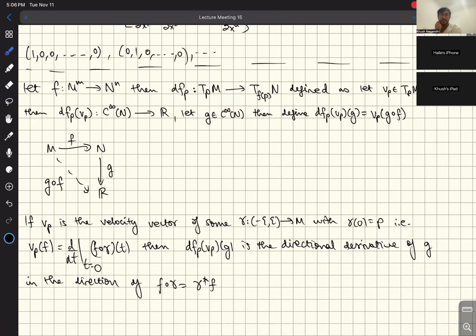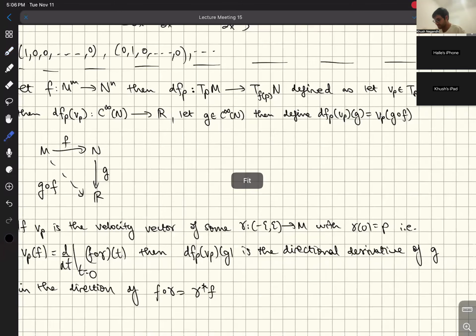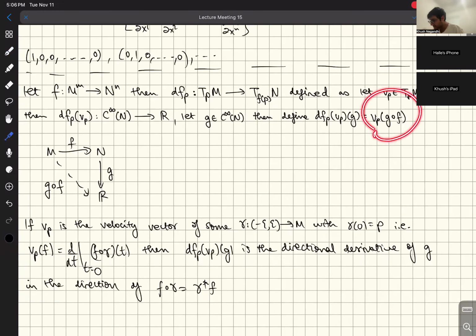Okay, so does it make sense as to why this object over here is the directional derivative of g in this direction? Does that make sense?